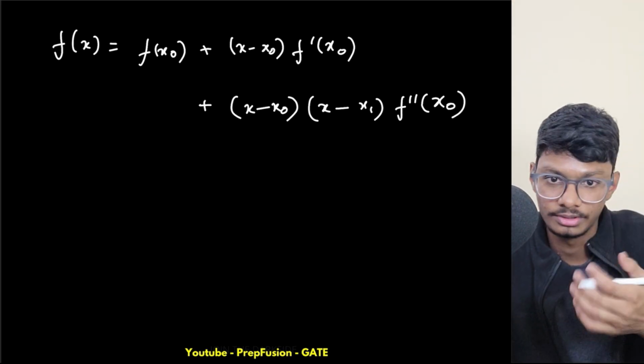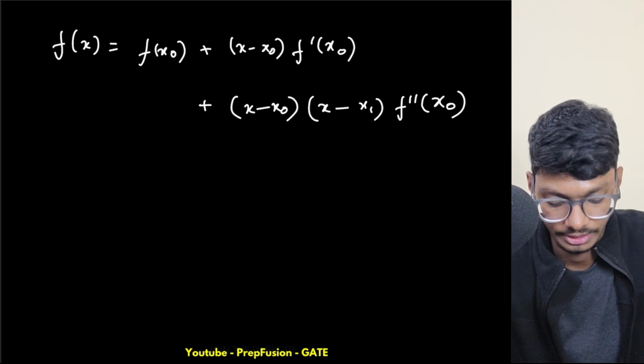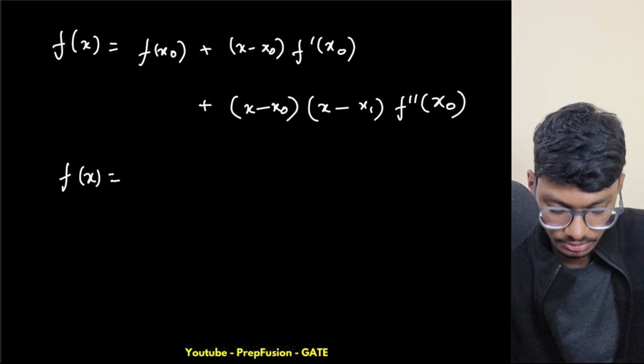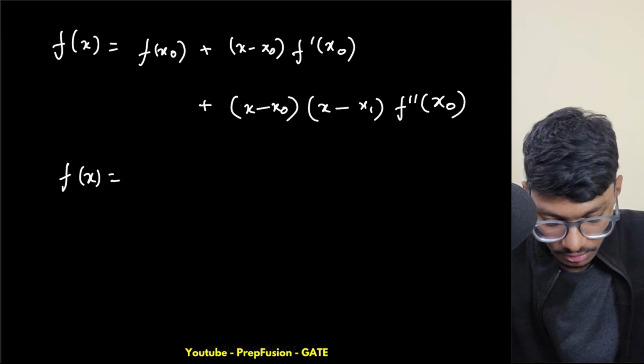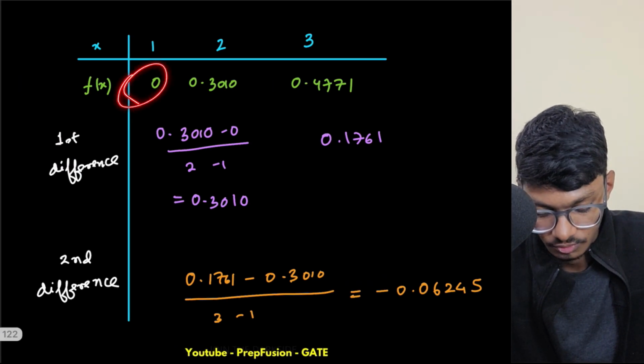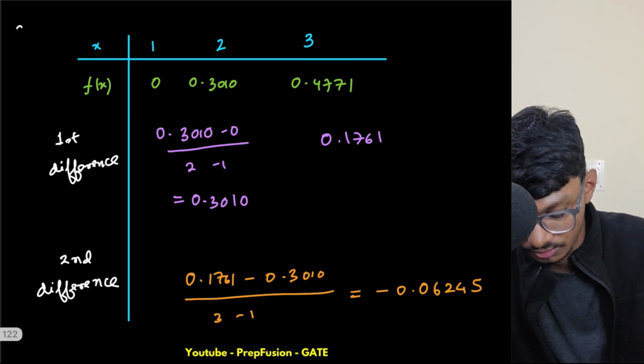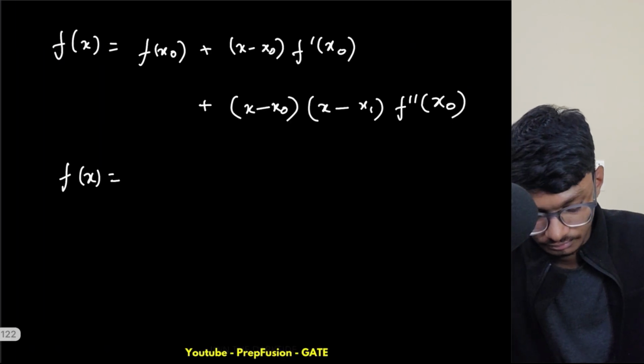So obviously we have been told to find until the second difference, so we will write the formula until here. So my f of x will be the approximate value of the function. So what is f of x naught? It is 0, and x naught is 1.